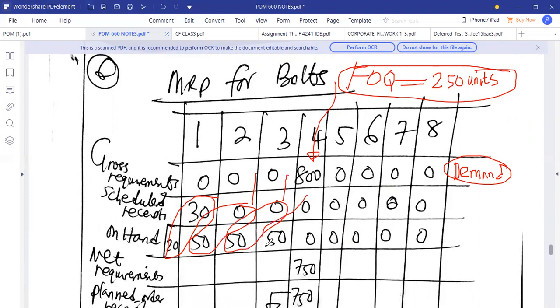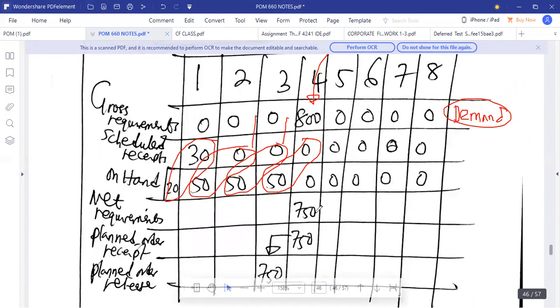Then 50 plus 0 minus 800 is minus 750. 750 is our net requirement.